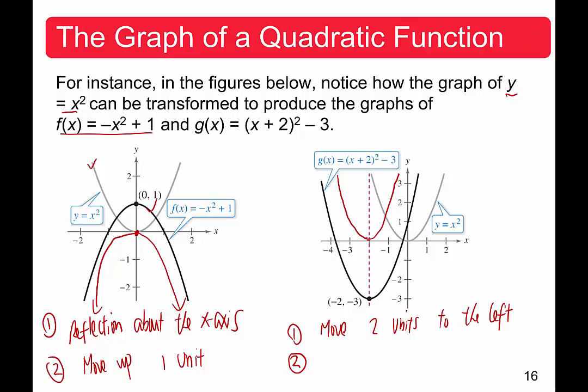So each one of these moves down 3 units, and we'll stop right here. So it's a 2-step transformation from the parent function. We end up with g of x. So we are making connections using the knowledge we already learned to solve this newly acquired knowledge.